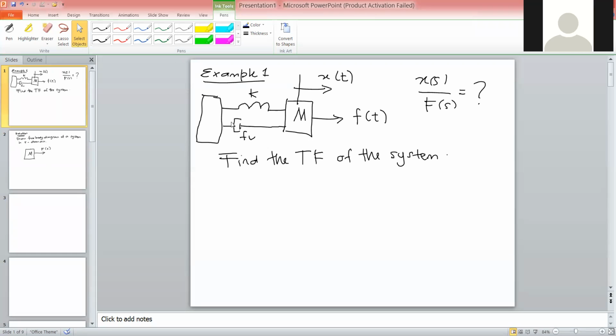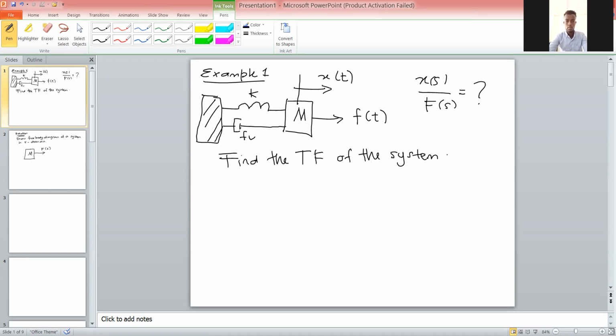This is the wall, and this is K. K is for spring, FB for viscous damper, FT is force, and XT is the direction.